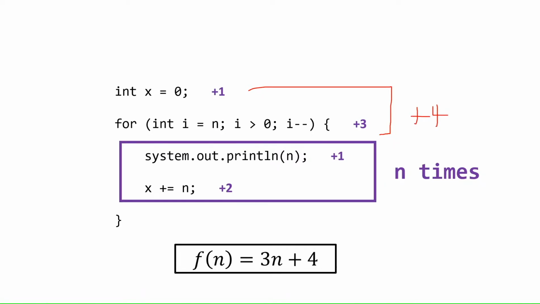This code executes n times and totals to be 3. So we have 3 times n plus 4. And then we can use our big O analysis tools to find out that this runtime function is in the order of O of n, as n is the dominating term.